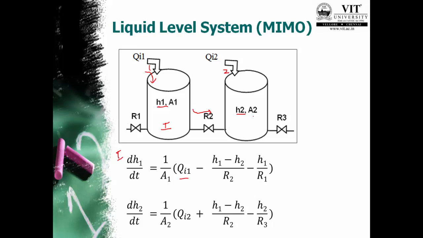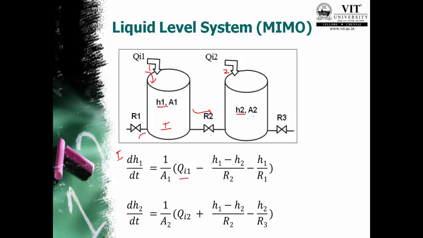So since it is an interacting setup, this flow rate will be (H1 minus H2) by R2. Minus there is another outlet here which is H1 by R1. And again here we are assuming the density is constant. So you can see there is no density term involved in writing the ODE equation.